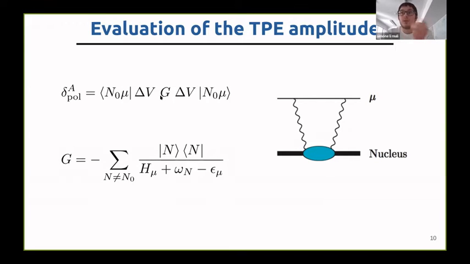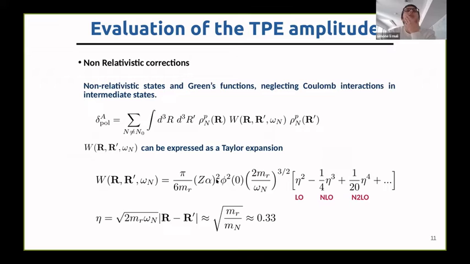This is a Green function for the two-body muon-nucleus system, which has this spectral decomposition, where n are nuclear states, omega n are nuclear excitations, and epsilon mu is the energy of the bound muon.